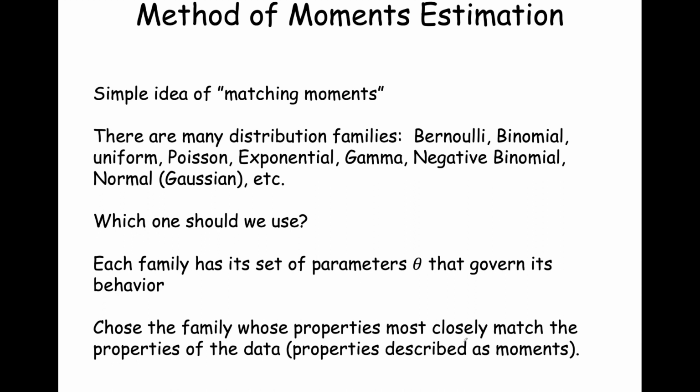So when we're solving a problem, we choose the distribution family whose properties most closely match the properties of the data. These properties are described as moments, because one way you distinguish one distribution from another is by its shape, and you use moments to characterize and describe that shape.